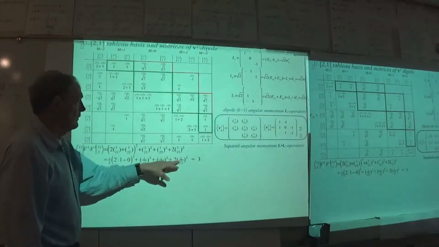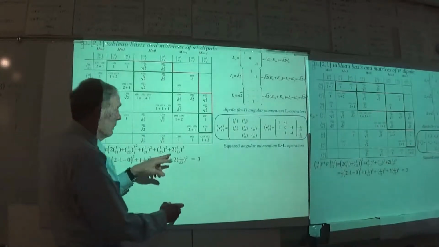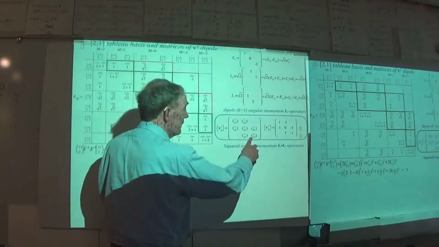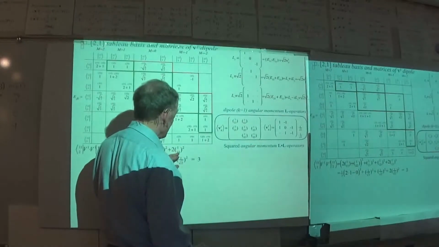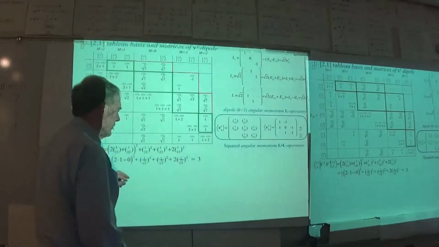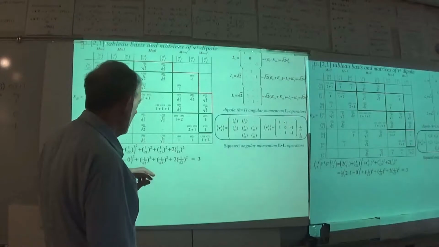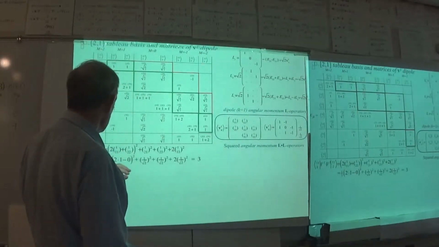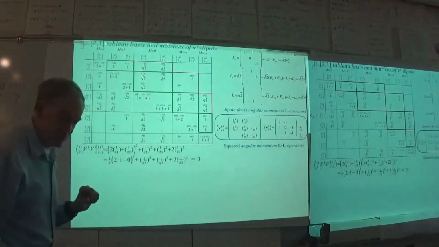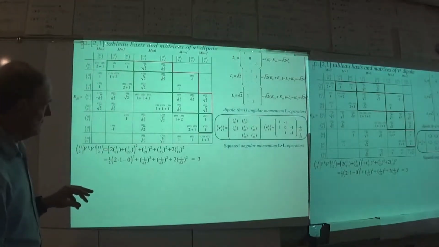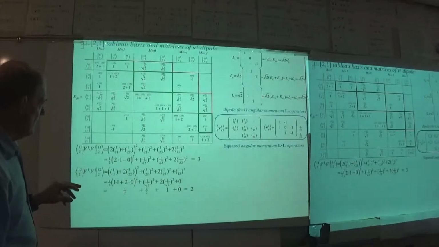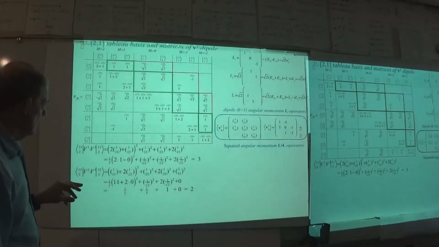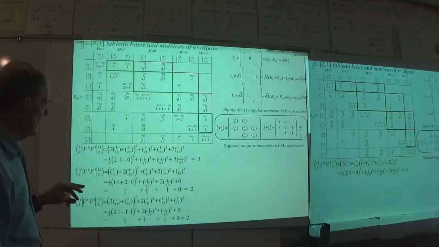So that's where these come from, the 1, 3 position of this matrix here. I'm a little puzzled. I may have pulled this off of the B11, 1, 2. Those numbers look right.